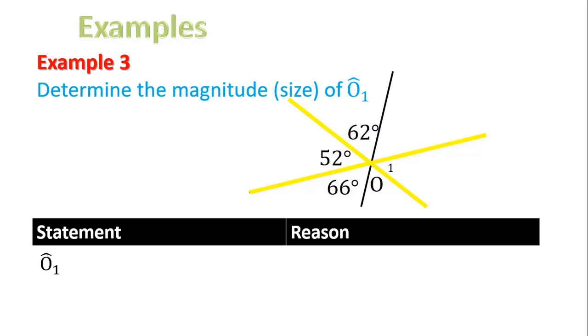O1 equals 52. How can we say that? Vertically opposite angles. So it doesn't matter if you have 3, 4, 5, 6 lines that intersect or cross at a point. The one that is exactly opposite is your vertically opposite angle. If you get confused, sometimes use a highlighter to help. But it's actually not that difficult.